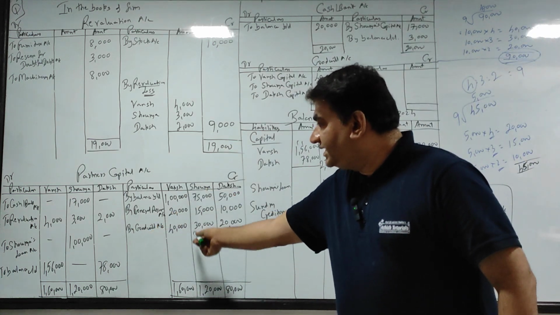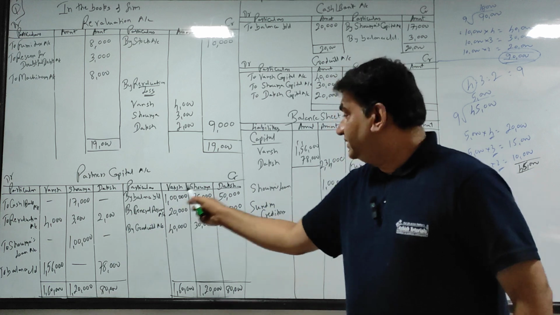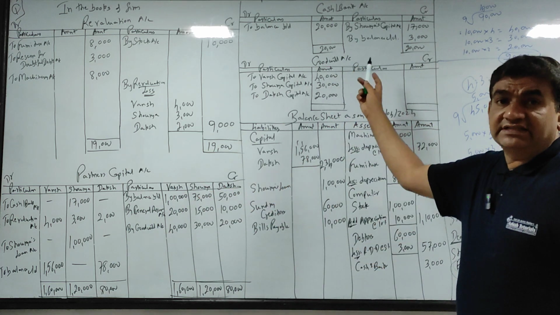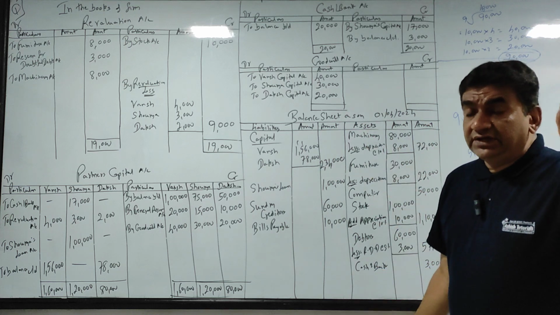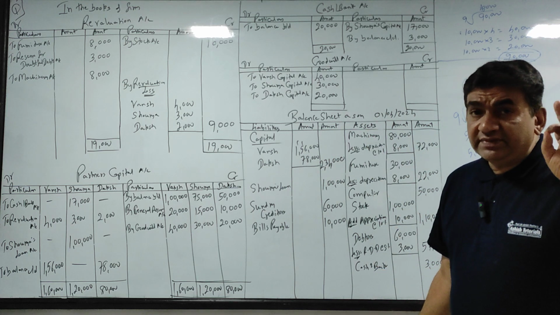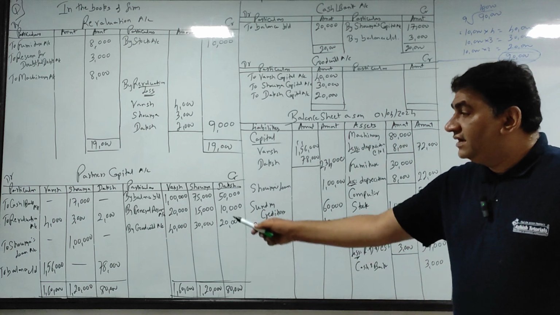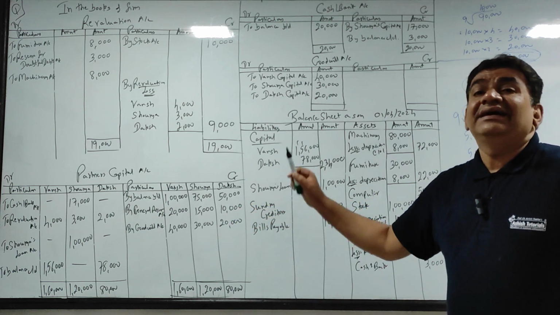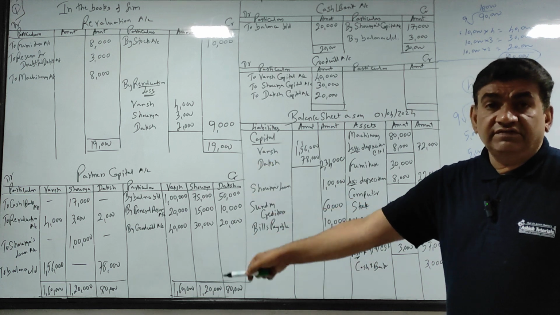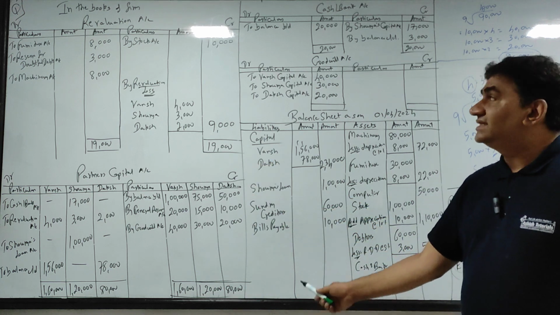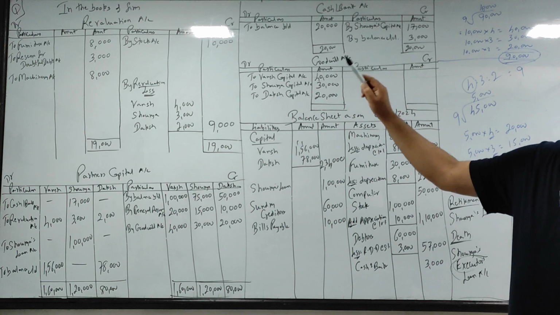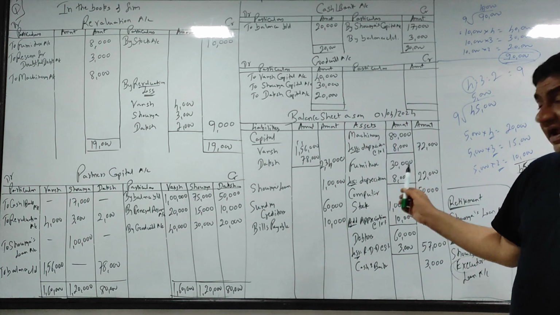Two balance. Credit side is more, credit balance, liability. Debit side is more, difference on the credit side, debit balance, asset. Don't be under that misinterpretation that if two balance is written on the debit side, it means debit balance. No. Credit side is more, therefore the difference is on the debit side, credit balance. Debit side is more, therefore the difference is on the credit side, debit balance. Okay, keep that in mind.